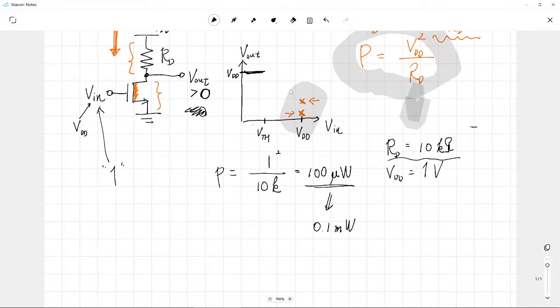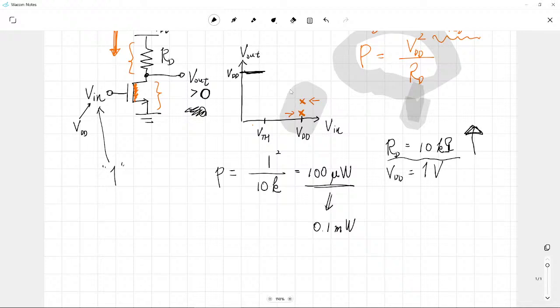Now you realize that this inverter structure is quite bad from the viewpoint of DC power consumption. It just consumes power, and you cannot design a cell phone with this technology only. So we have to have a better way. Now you say that by increasing, for example, the resistor, we can reduce power consumption.